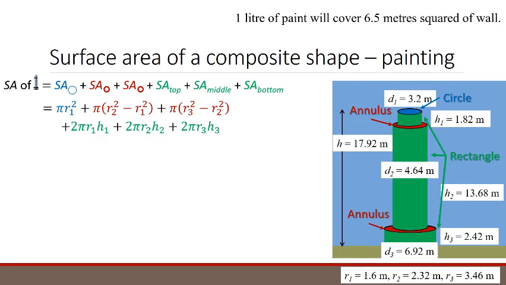So let's substitute. We have everything we need. So for the circle, pi times 1.6 squared.